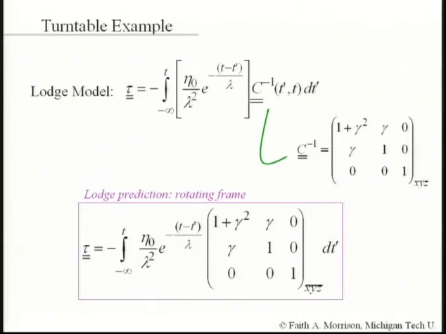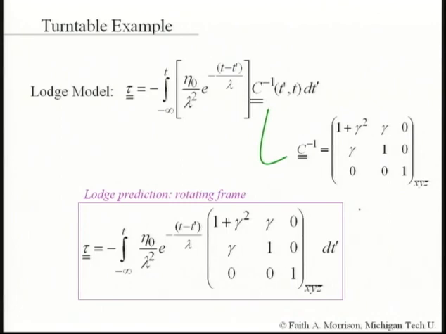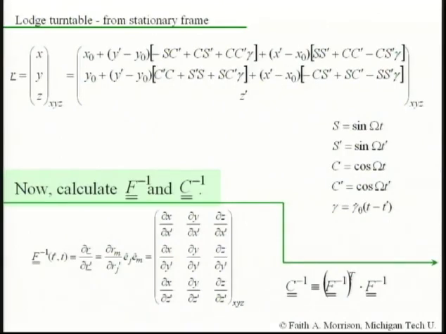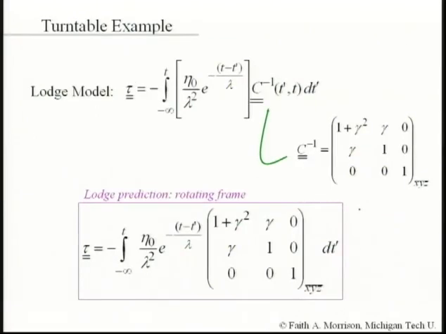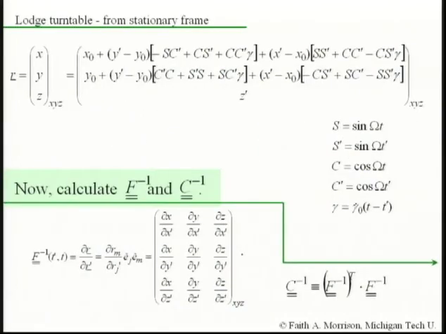And so when you're on the turntable, it's the calculation we just did. When we step off the turntable, we have to go back to the velocity here and use a velocity that takes into account the motion of the turntable. That's what we did last time. And like I said, it's not really for the faint of heart.